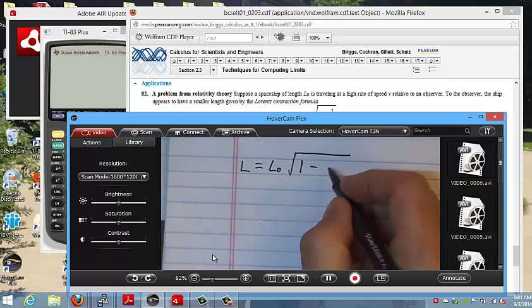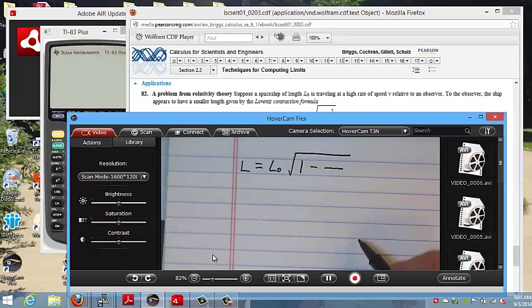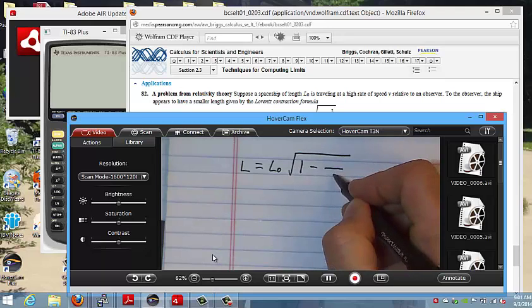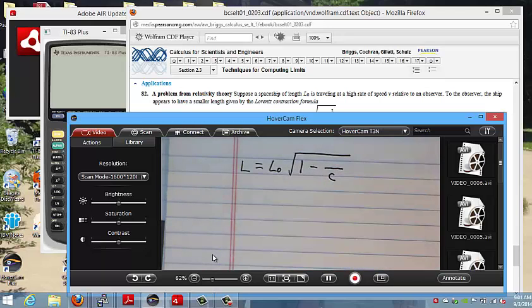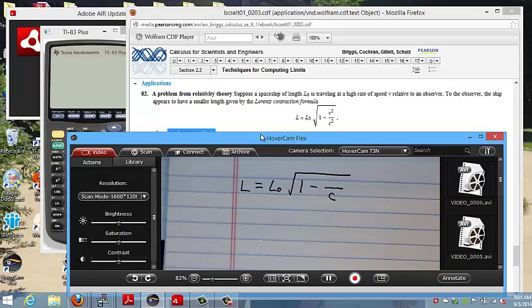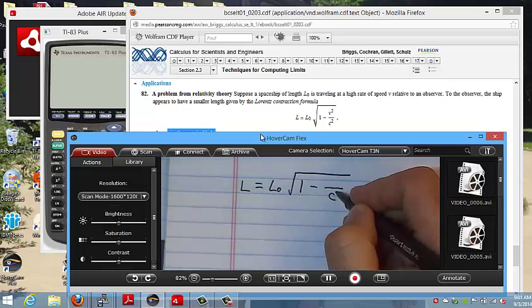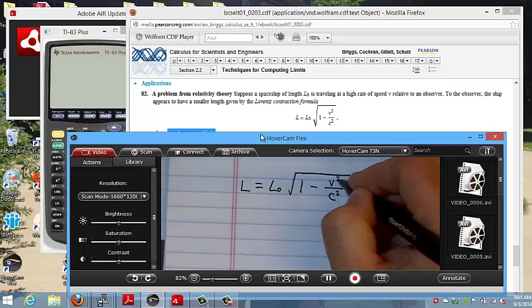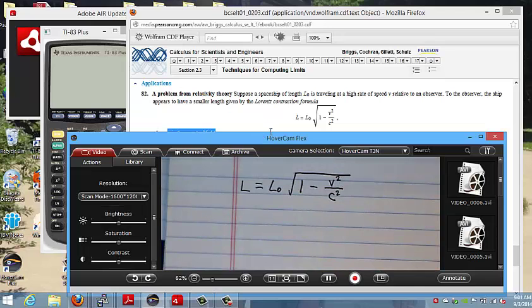So, anyways, here's C, whatever that is, right? If I throw this into the formula, and here's V squared. Okay, let's see if I can answer some of these questions.